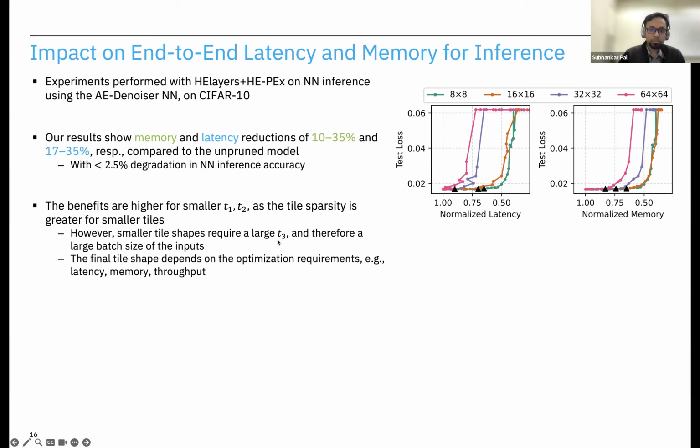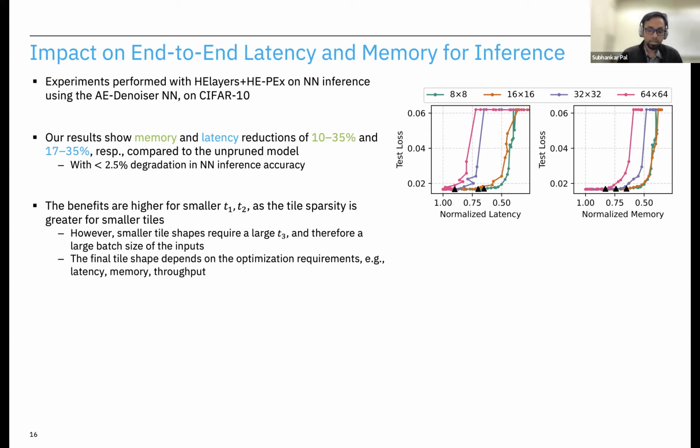But as I mentioned before, yes, we can go for lower tile sizes. That will give us the best benefits, but we also need to consider the replicated dimension. There are going to be a lot more replications for the 8x8 case compared to the 64x64 case, and so you need a much larger batch of images, for example, to be used with this model.